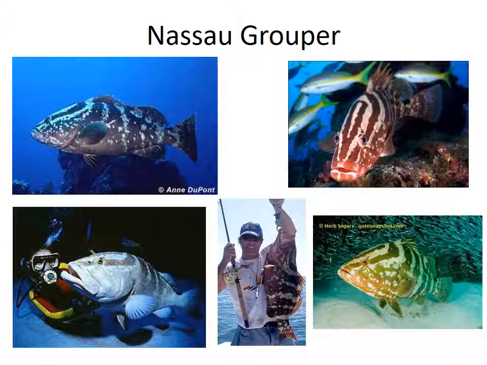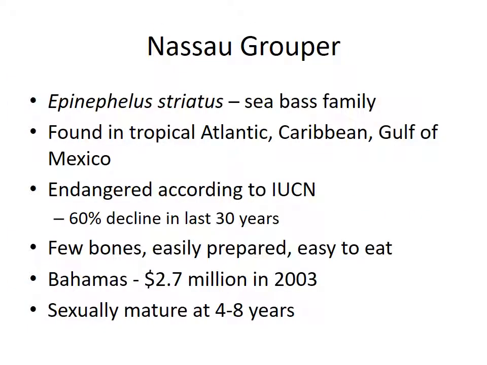The Nassau grouper is our next. You can see it's a relatively large fish, pretty big mouth for a fish. The Nassau grouper is part of the sea bass family, Epinephelus striatus. It's found in the tropical Atlantic, the Caribbean, the Gulf of Mexico.